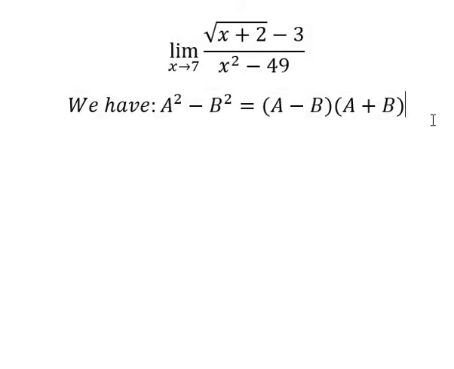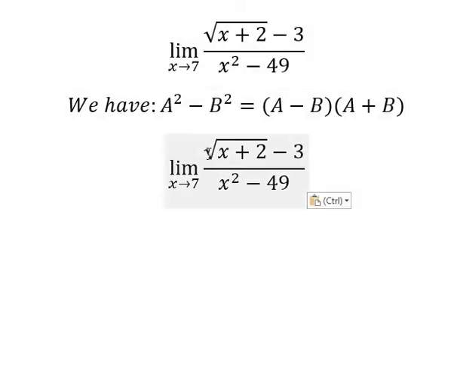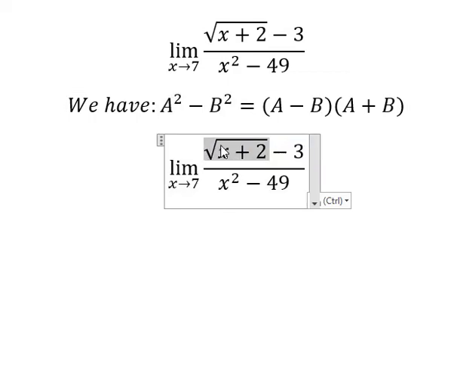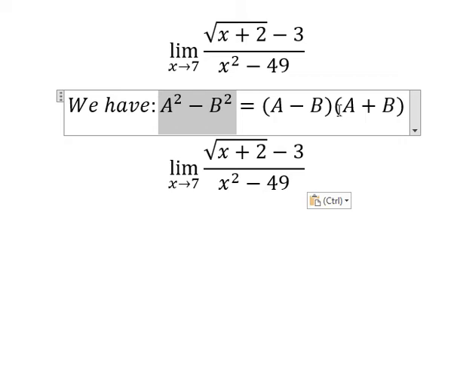So this is about a minus b, because we want to create a square minus b square to cancel the square root. To do this one, we need to multiply by a plus b on the numerator and denominator.